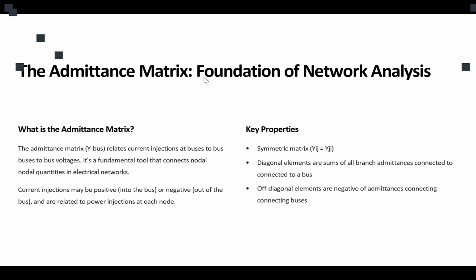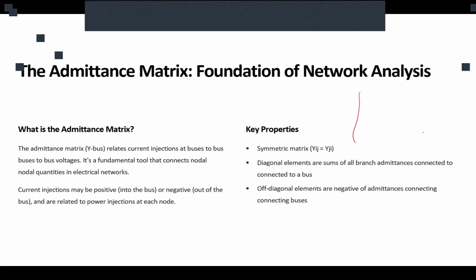So it makes sense that when we have a number, a scalar or a complex number, that represents how node 1, or bus 1, is connected to bus 2, this is y12, a quantity representation of how bus 1 and 2 are connected to each other.